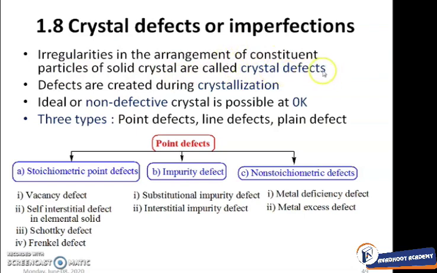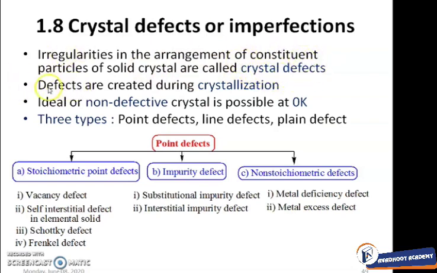Actually in crystalline solid, constituent particles are orderly arranged, but by some means, that is at the time of crystallization or just by heating the crystal, sometimes there is a creation of irregularities in the crystal lattice, and that irregularity is called a crystal defect.